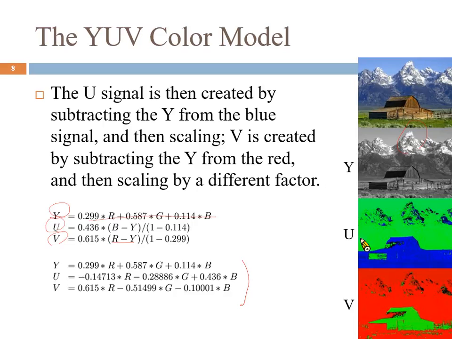You can see blue and green, red and green, but they don't exactly represent blue, green and red information. It's just a representation showing the value of U. If the value is positive, we use blue to represent it. If the value is negative, we use green. So this is an example showing YUV values.